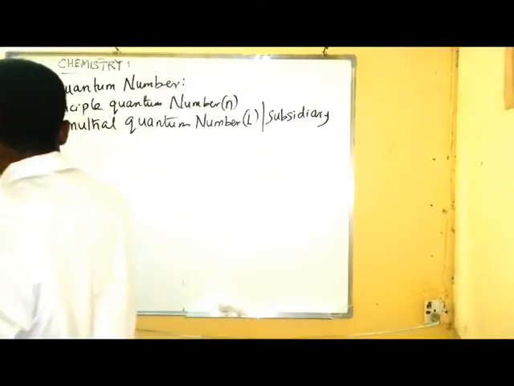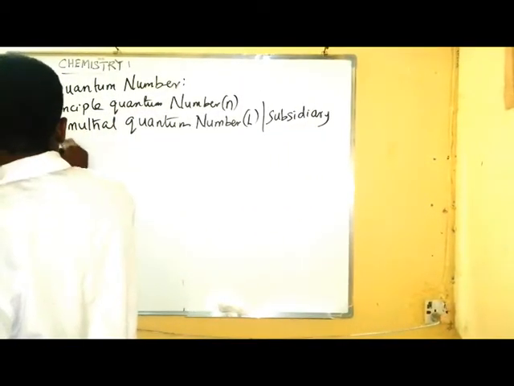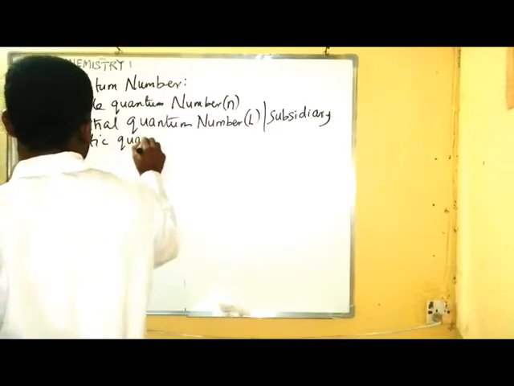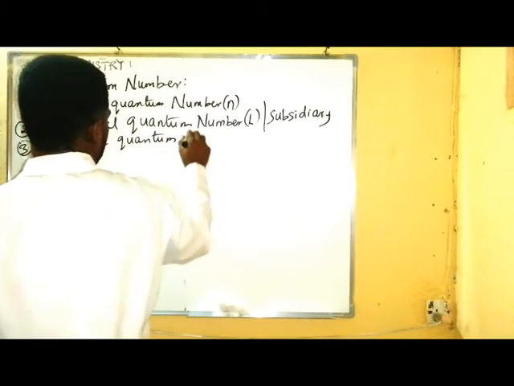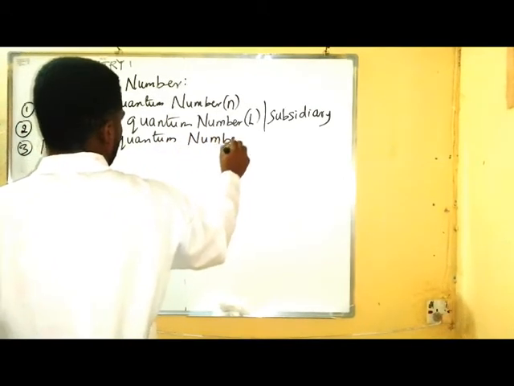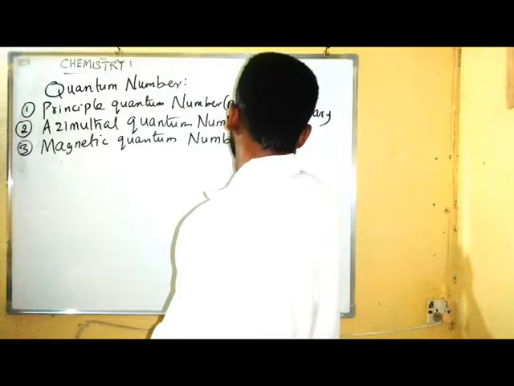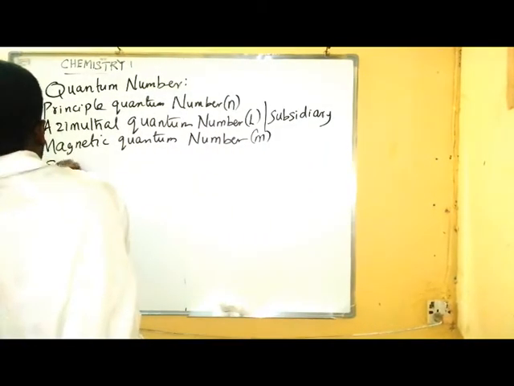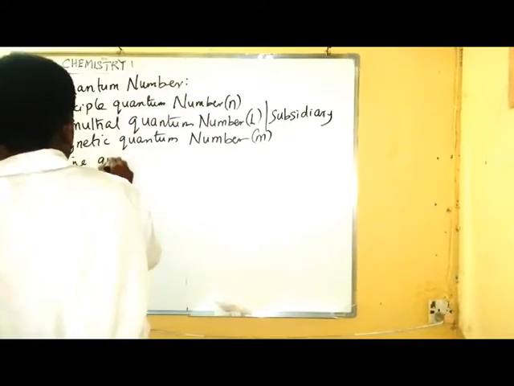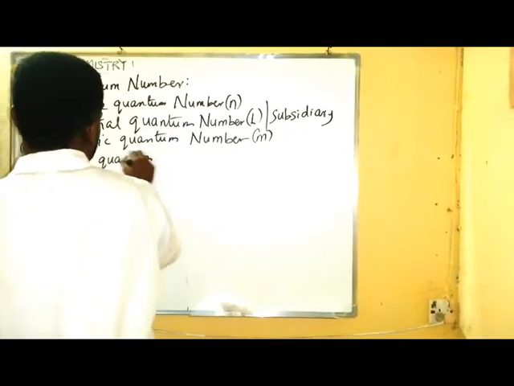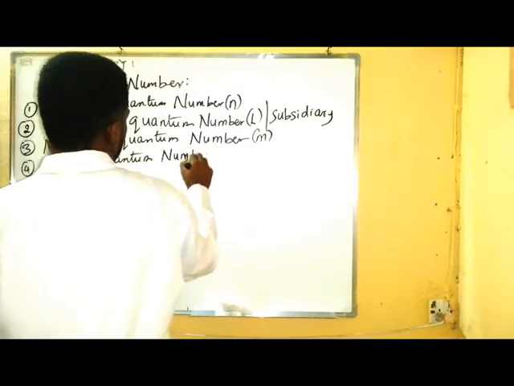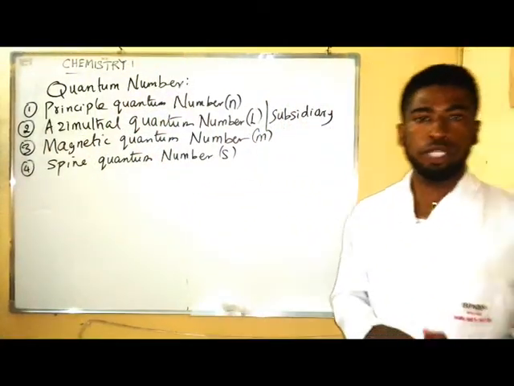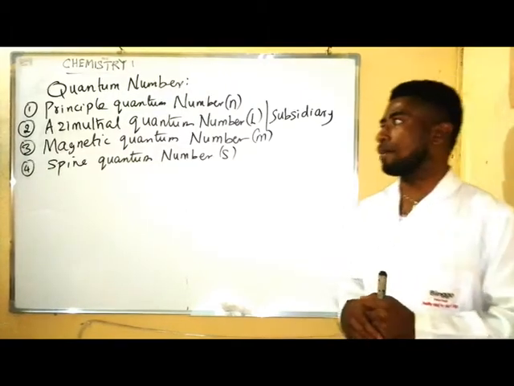So that's the third one. The symbol is small m. And the last one is called the spin quantum number. And the symbol is S. So these are the 4 sets of quantum number.